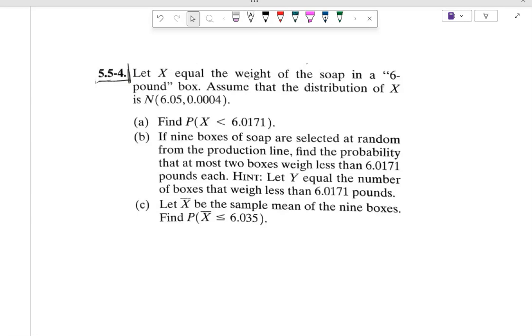So let's look at this one. We've got a random variable that's normally distributed with a mean of 6.05 and a variance of 4/10,000ths. Now, part A should look like something that's on this exam coming up because part A is just what?